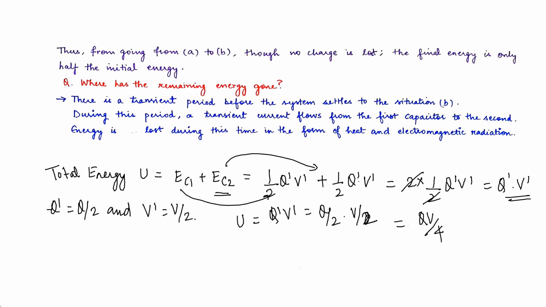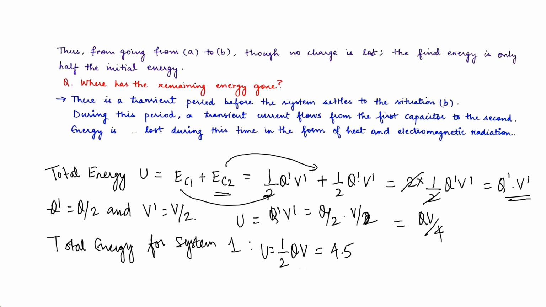From the total energy which we found out for system 1 was half QV, that was equal to 4.5 into 10 to the power, there were some values. So this is what we have got from the first step.